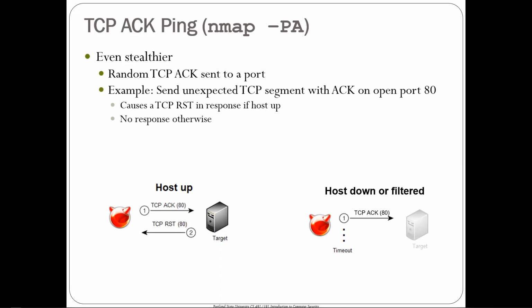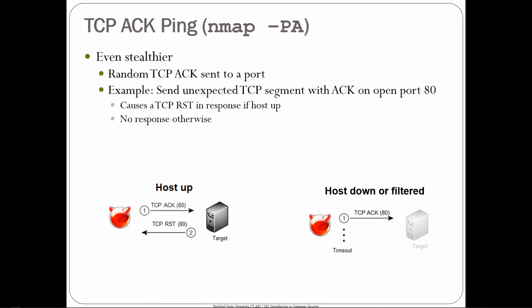So unlike the previous one, where you can disambiguate those two, in this case, if the host is down and you get a random ACK, nothing happens. And if it's filtered, nothing happens. So yeah, stealthier, but you get a little bit less information on this side.